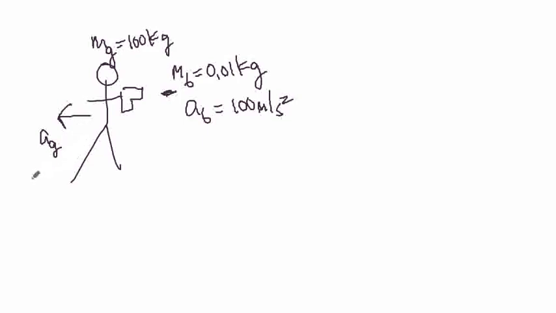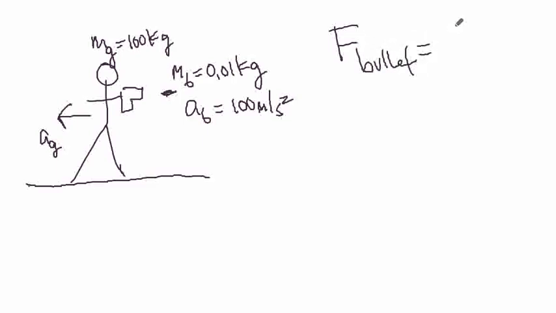And to keep it simple, let's say he was on an icy lake or something. Excuse me, a frozen surface, so there's no friction on him. So what is going to be his acceleration backwards? Well, Newton's law says that the force on the bullet is equal to the force on the guy. At least the magnitudes are. The directions will be different.